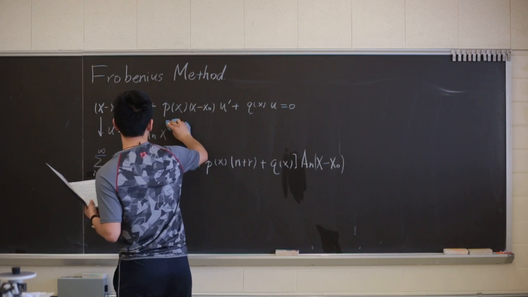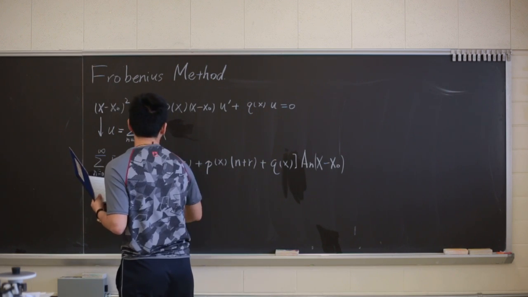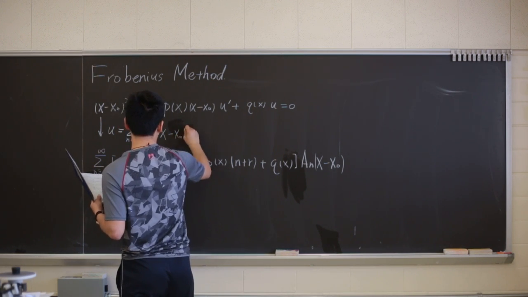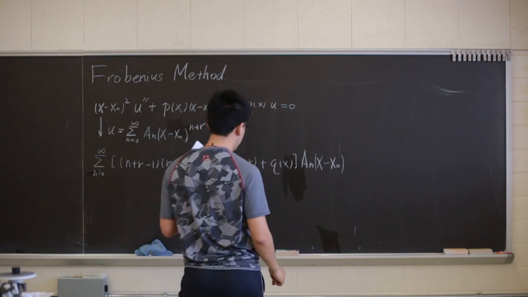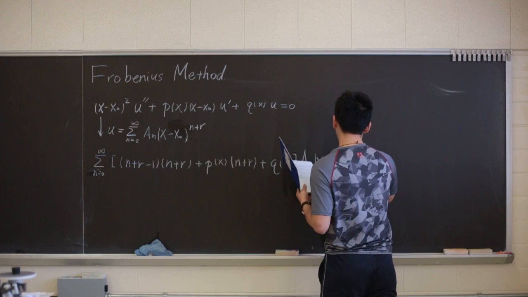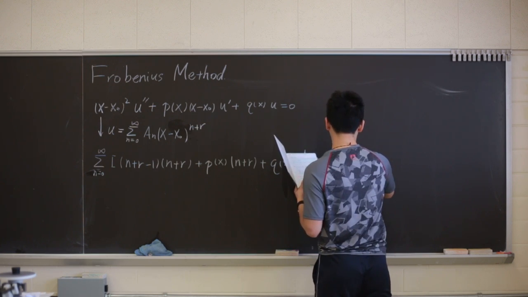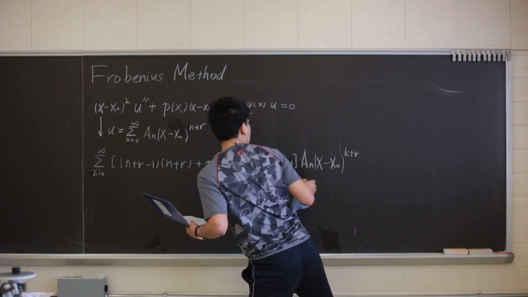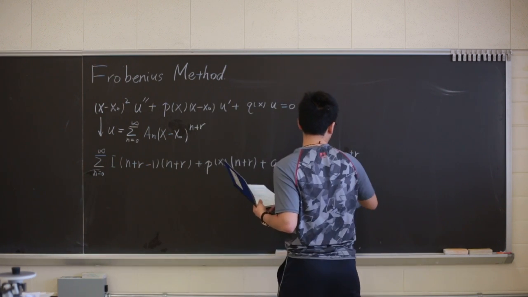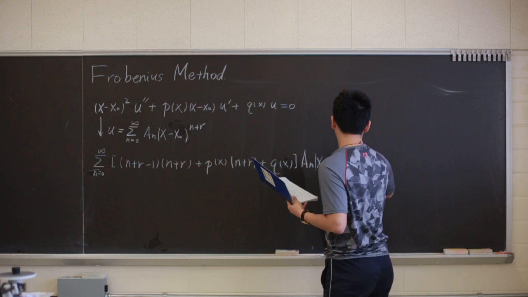Oh, of course, sorry. For general case, it will be n minus x naught and plus r. Previously, it was just expanding around x equals 0. But for general case, we have that.